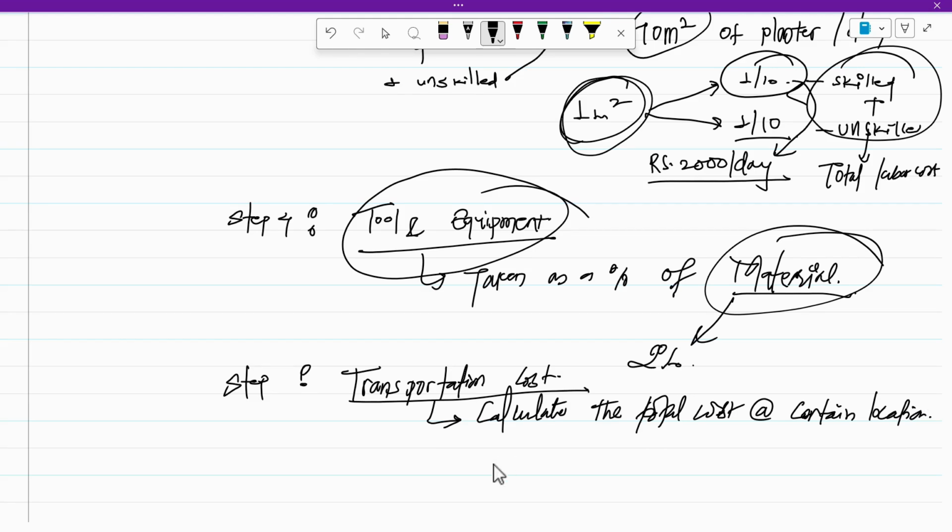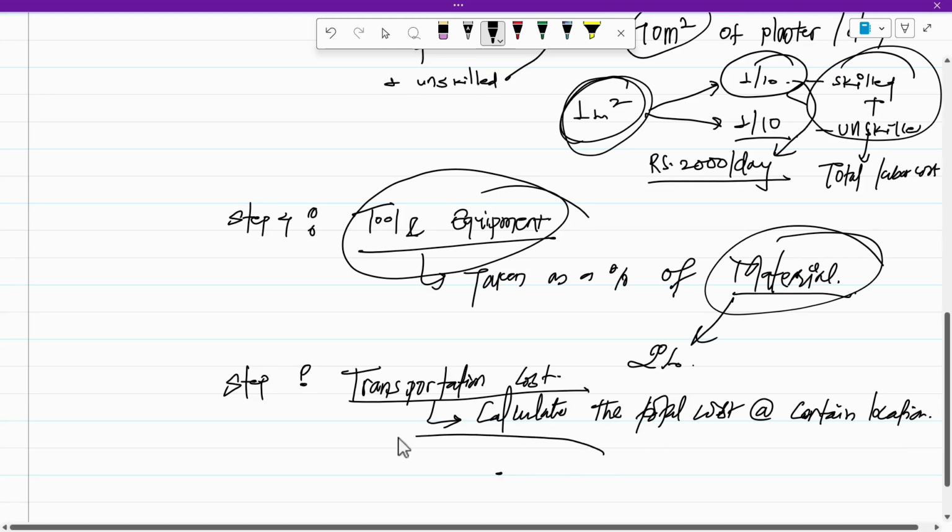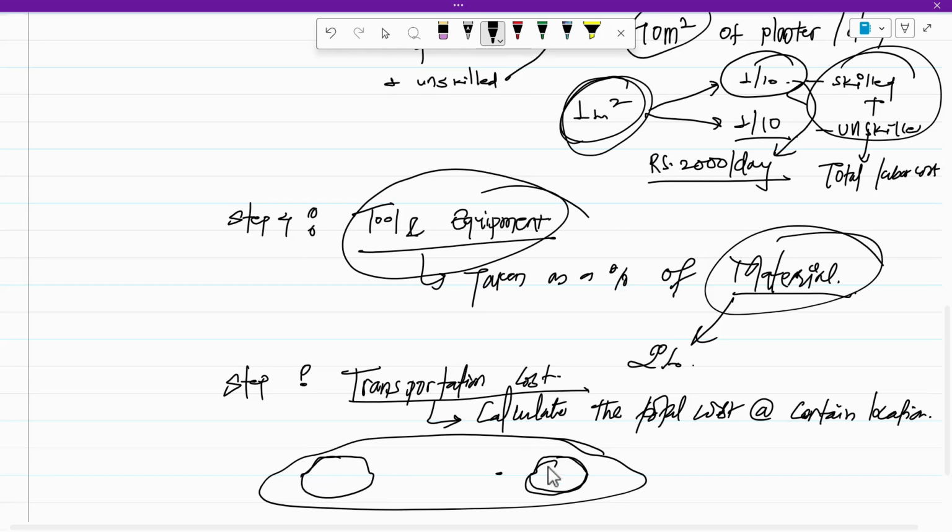For example, if this is your whole area, right? And this is the location where material is available, and this is your project site. So you calculate the total cost at this location. You add the cement cost, you add the sand cost, you add the aggregate cost, everything you do here, the place where you know the rate.